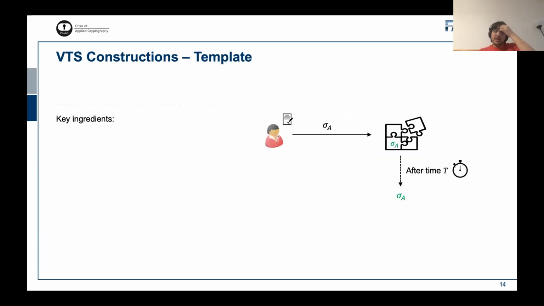Okay, so the template that we will follow for our VTS constructions is that we will make use of time lock puzzles, and we will use a non-interactive zero knowledge proof for the verifiability of the VTS, right? So the time lock puzzles will act as our time commitment, and for the verifiability of the commitment, we will use the NIZK proof.